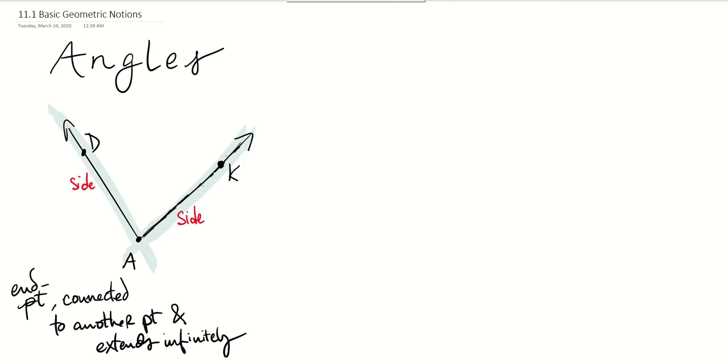Okay? Connect two rays with one end point and you get an angle with 2 sides and the interior, the space in between. And as your 2 rays continue on forever, this interior continues on forever.